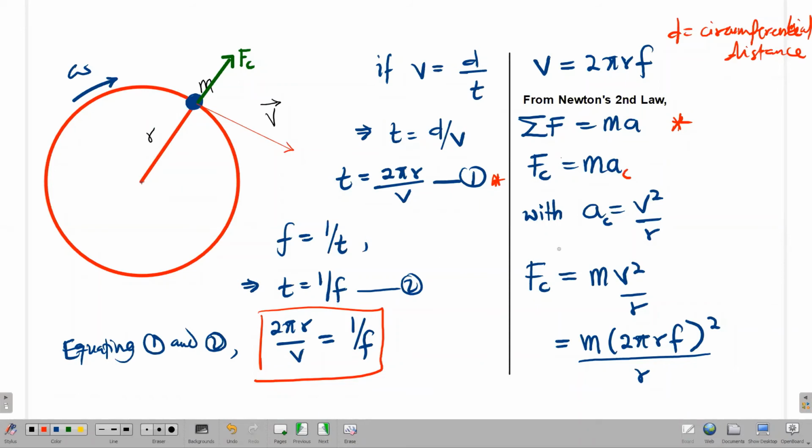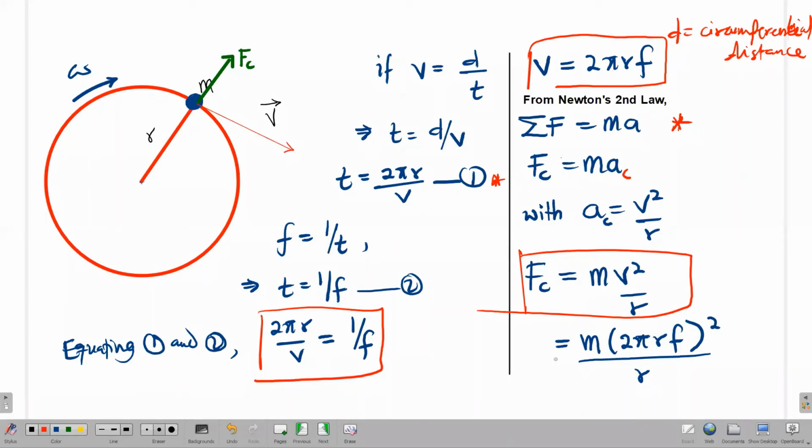Knowing the centrifugal acceleration to be equal to V squared over R, then we can write that the centrifugal force is equal to the mass times the velocity squared over R, which we derived before. Knowing that the velocity can be rewritten as this, we just replace the value of V in this equation by 2 pi r f.